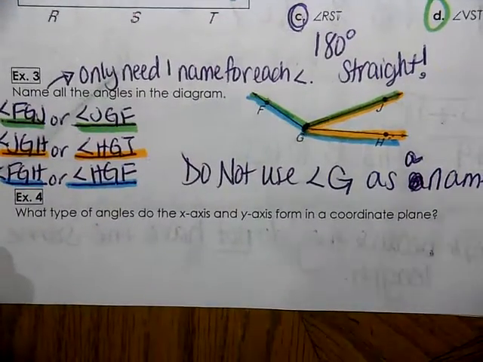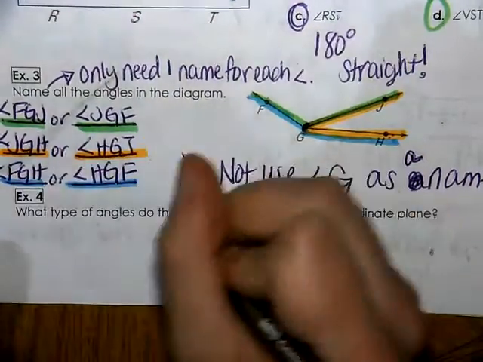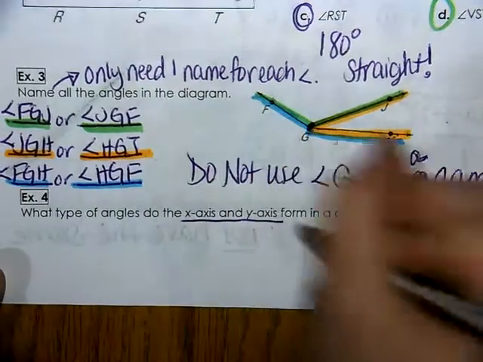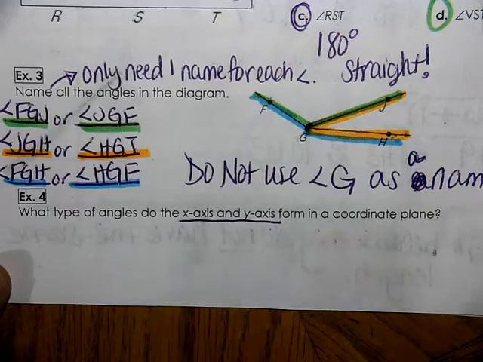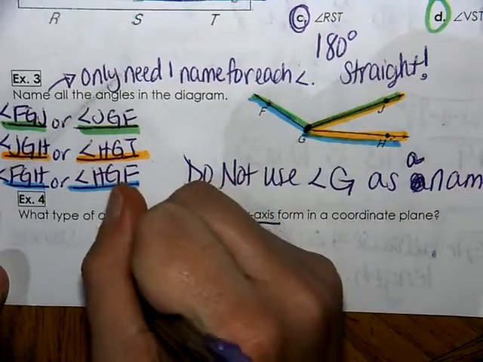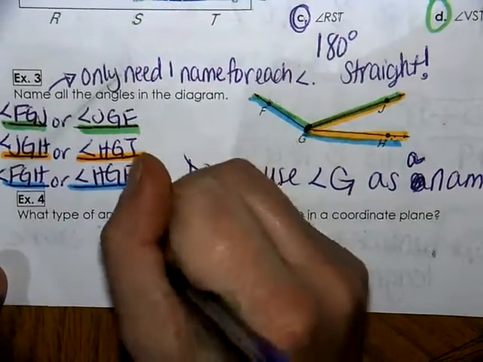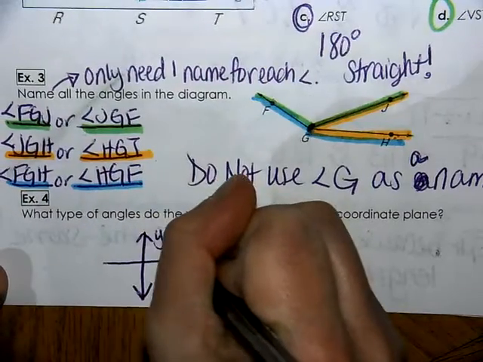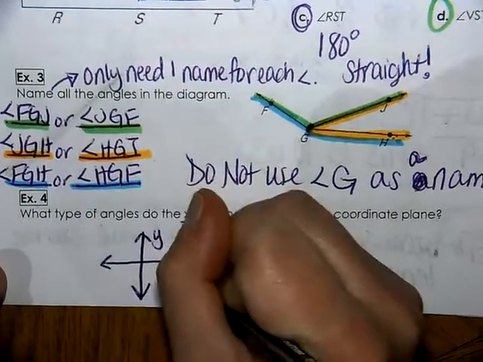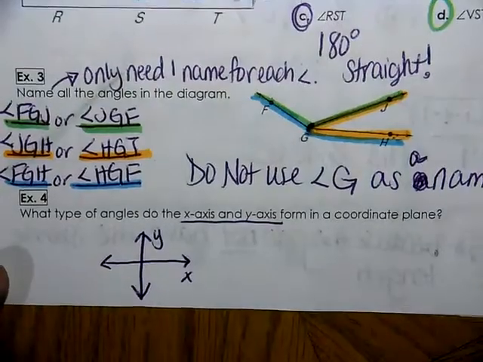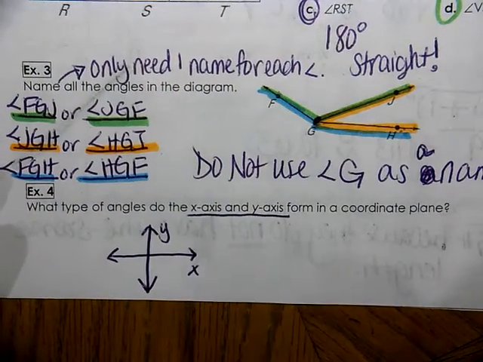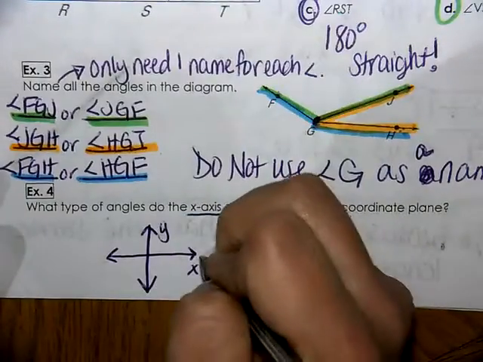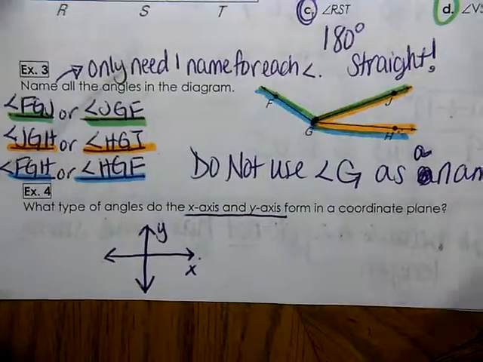Example number 4 says, what type of angles do the x-axis and y-axis form in a coordinate plane? All right, let's go ahead and draw a coordinate plane. Here is the y-axis, and here is the x-axis. What kind of angles do you see? Well, each of the axes individually are straight angles.